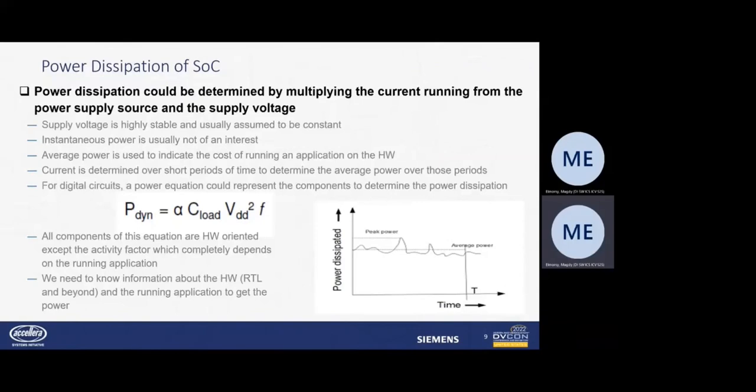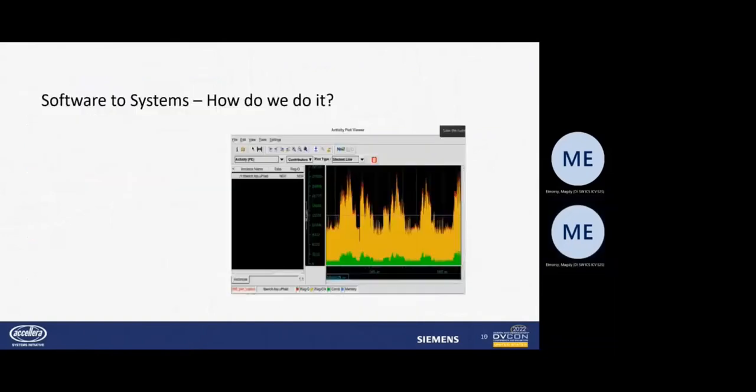That's why determining the dynamic power is challenging. You need information about the software, and also detailed information about the hardware. How can we determine information about the real, actual software running, and also the hardware, and combine them together?